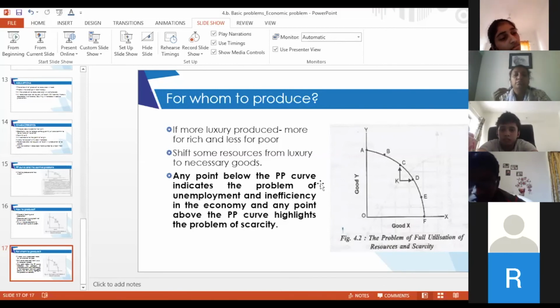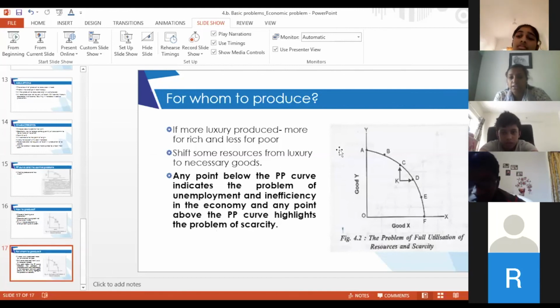If the economy works at complete efficiency, then it should be on the PP curve. So remember this point. That is why I have highlighted it: inside the PP curve, it tells you the problem of unemployment and inefficiency in the economy. Any point above the PP curve highlights the problem of scarcity.